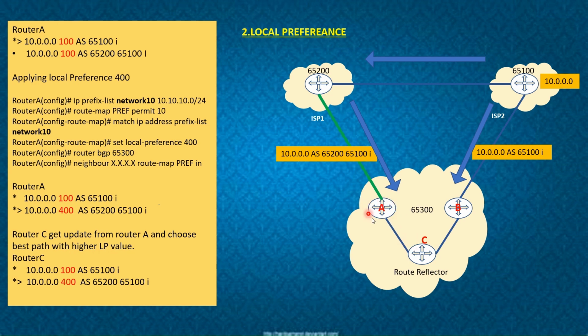So for that, I will go into router A and configure the local preference value with the ISP1 remote neighbor. You can see the configuration here.